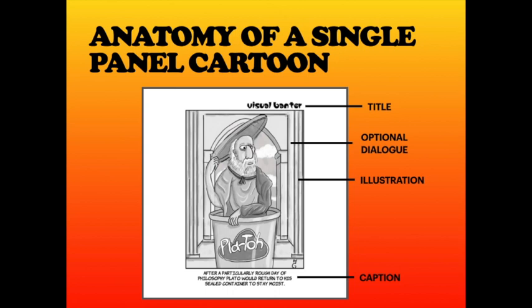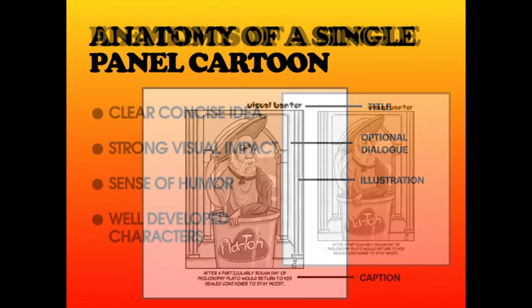There's the illustration itself, which includes the background, foreground, and middle ground elements, like in the case of this Plato and Play-Doh cartoon that I created. And then, of course, you have the caption, which will be either in addition to the dialogue, or it could actually be the dialogue itself. It's interesting how that works.